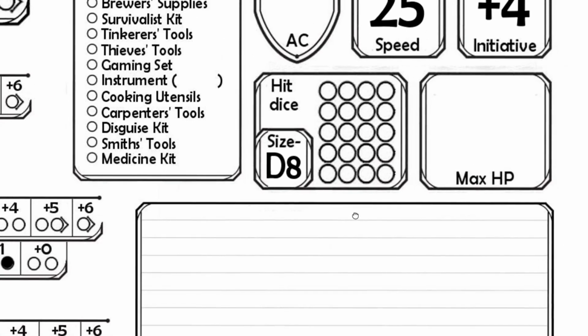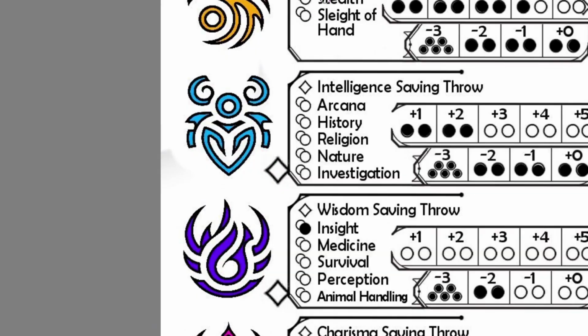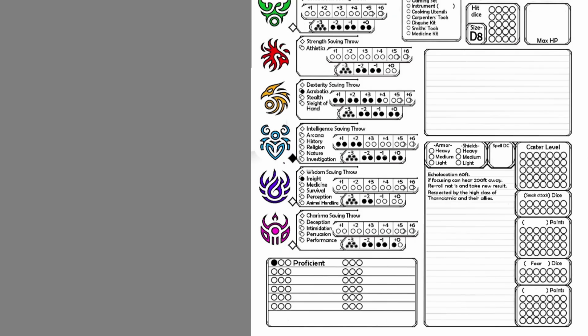So I'm going to mark down here that our hit dice size is a D8, and I'm also going to mark intelligence as our spell casting stat of choice. That is what these little diamonds in the corners represent, meaning that for the rest of our character's career, if we ever cast a spell, we will be using intelligence to do so.